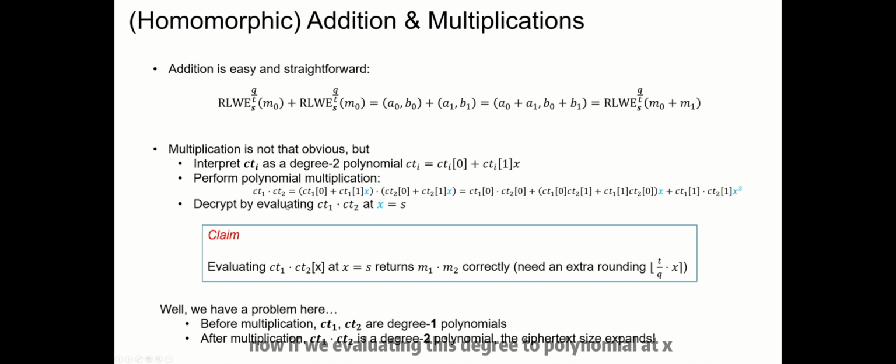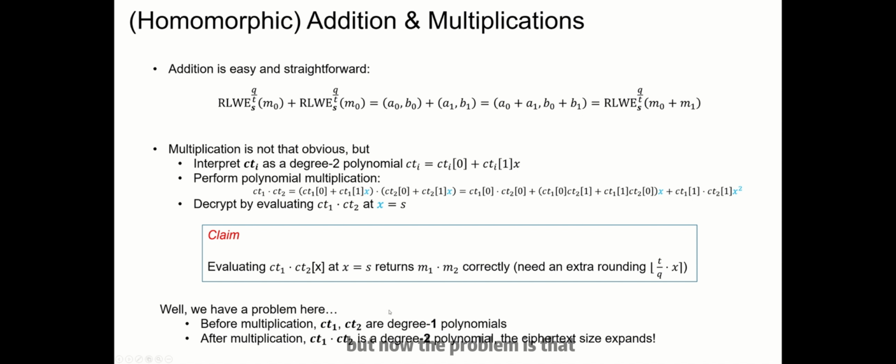Now if we evaluate this degree 2 polynomial at x equals s, this returns me essentially the message m1 times m2. Or formally, I claim that if I evaluate CT1 times CT2 at this point, I will immediately have m1 times m2 with some extra rounding operation.